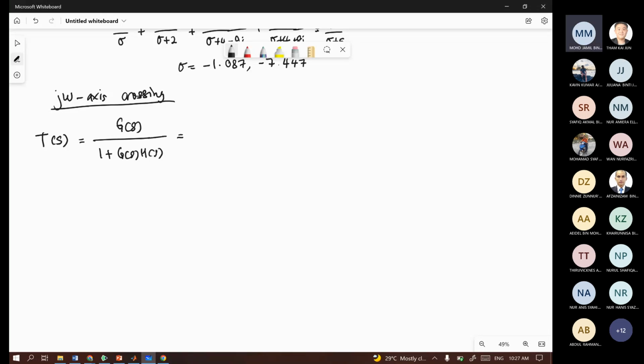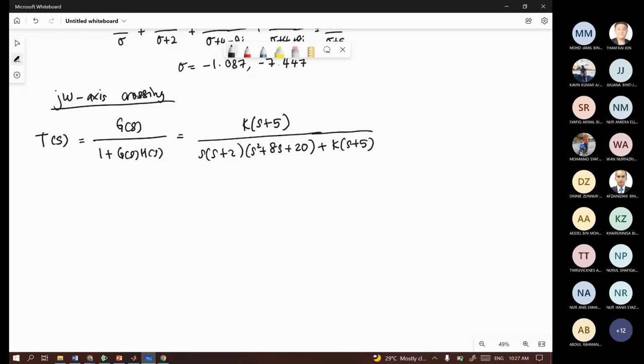So here you will get K times s plus 5 over s plus 2, and then take the denominator and collect the terms.